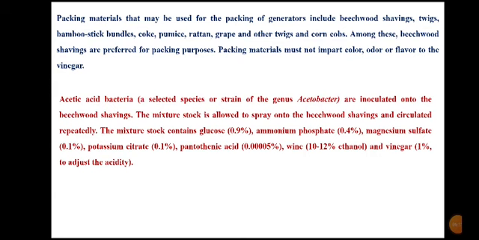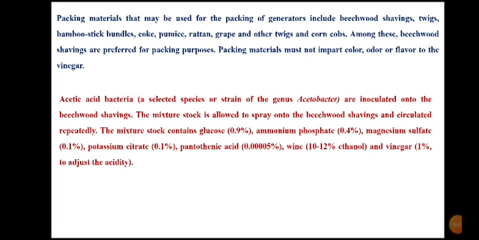The acetic acid bacteria, the selected species of Acetobacter, are inoculated onto the beechwood shavings present in the generator. Then a mixture is allowed to spread onto the beechwood shavings and it is circulated repeatedly. So there is continuous spraying of this mixture. Now what is this mixture?